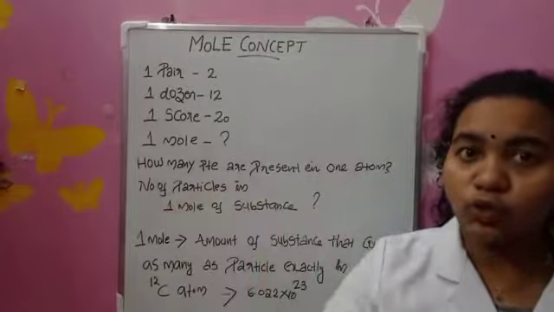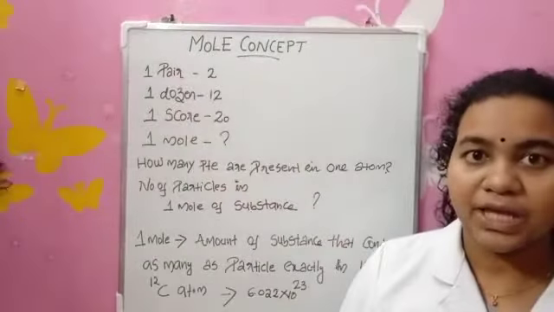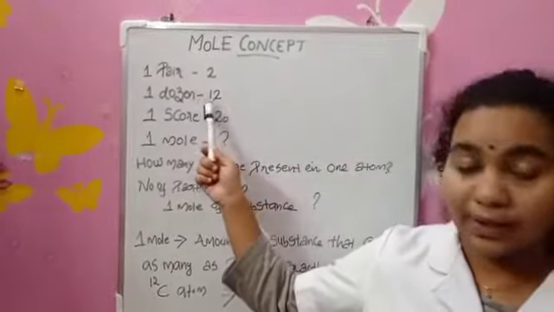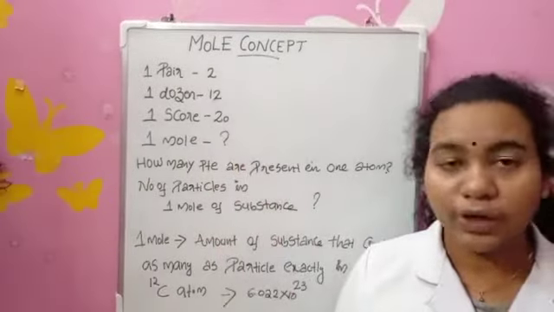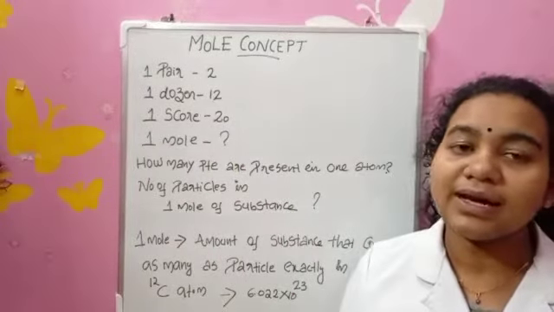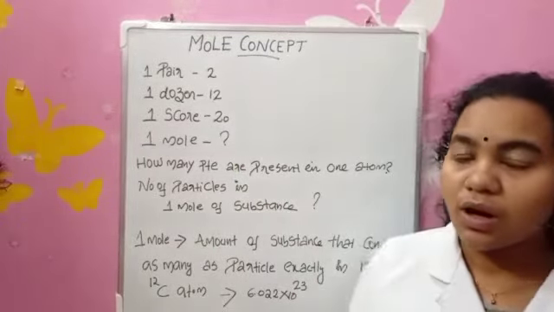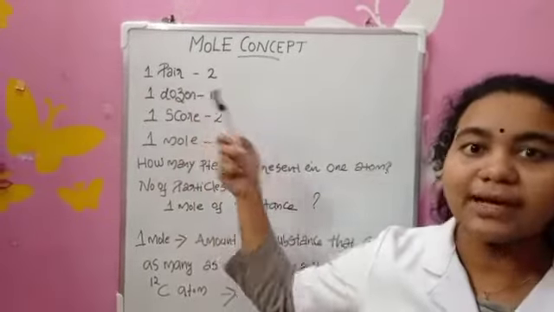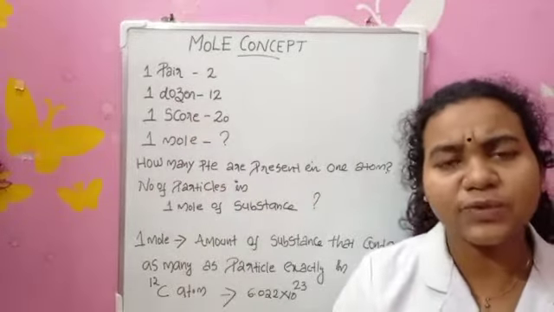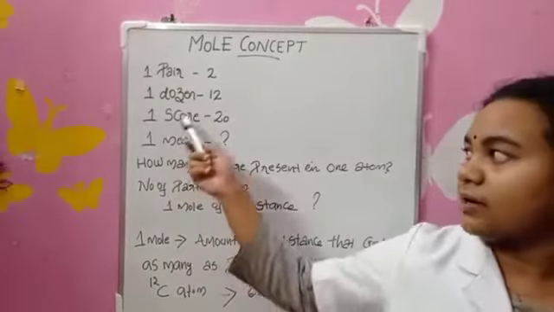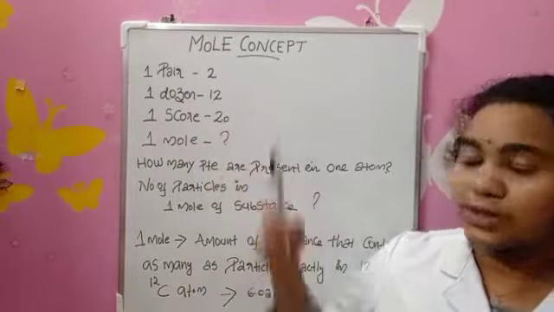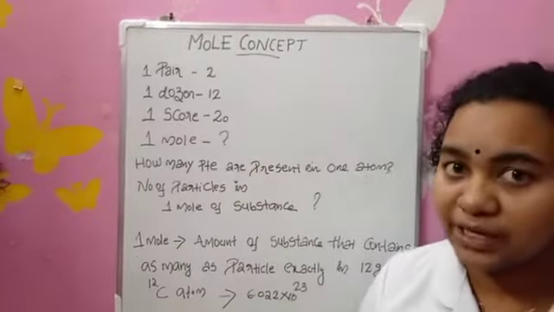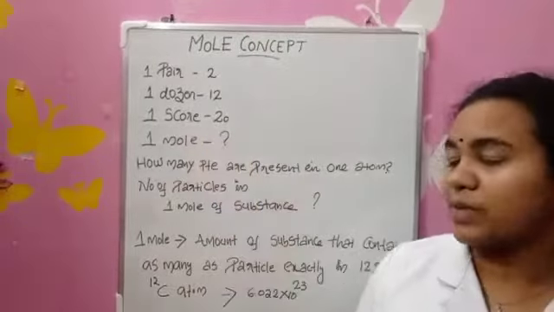Similarly, 12: if we go to a shop, we say 1 dozen of eggs, that is 12 eggs. Instead of that, we use the term dozen. Another example is 20, which we can denote by another term, 1 score.